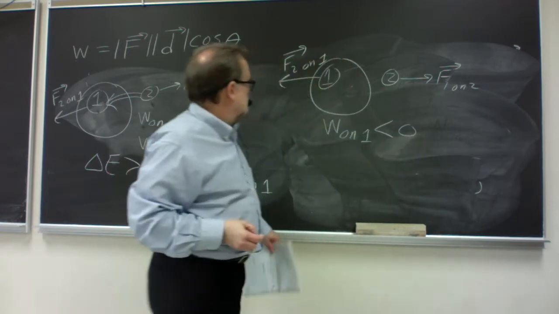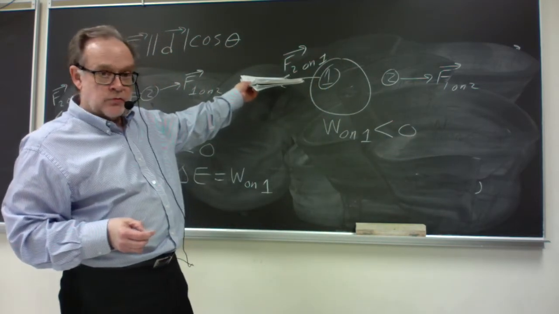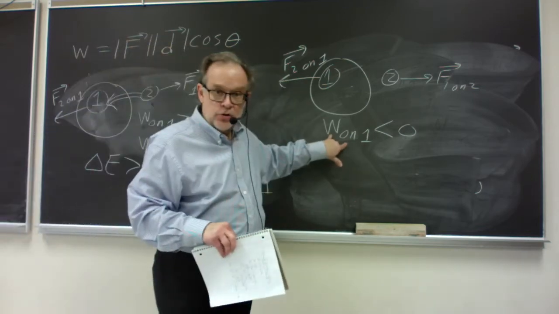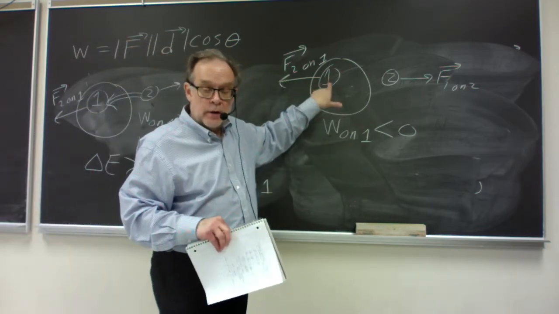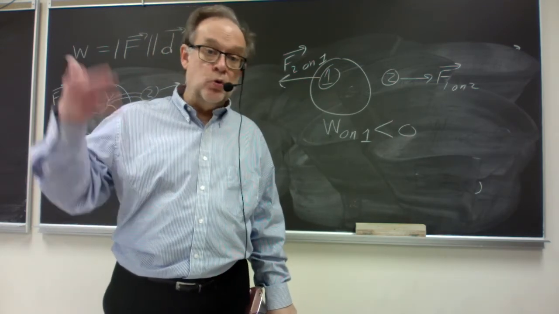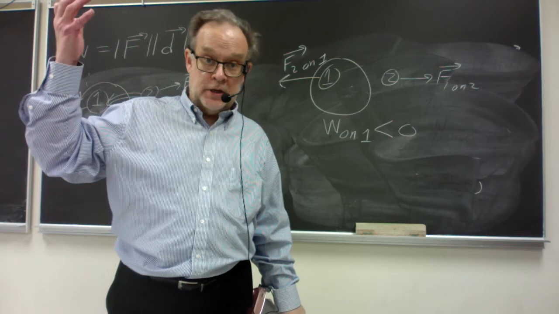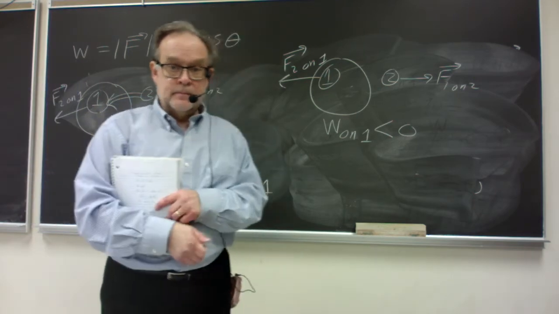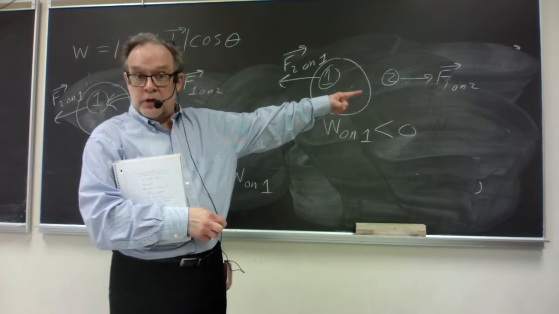That is, the work done by F2 on 1 takes this much energy away from thing 1, but that energy taken away from thing 1 doesn't just go poof, doesn't just disappear into nothingness. It must go somewhere. And it goes to thing 2.